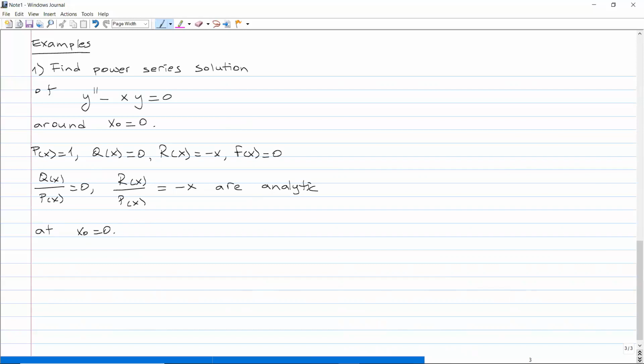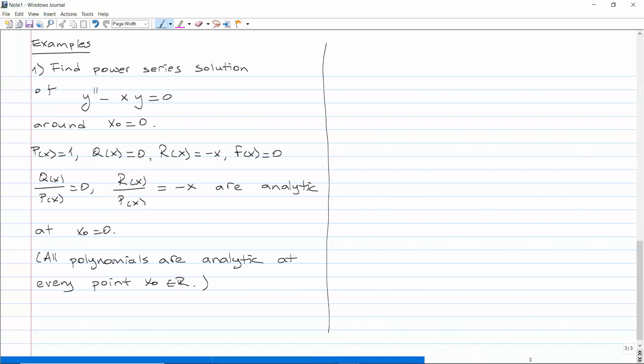So all polynomials are analytic at every point x0. In this example, the coefficients are polynomials, so they are analytic at x0.